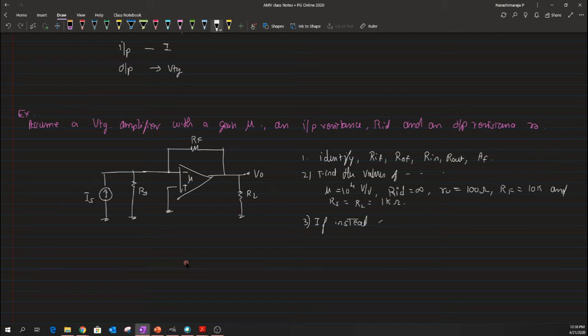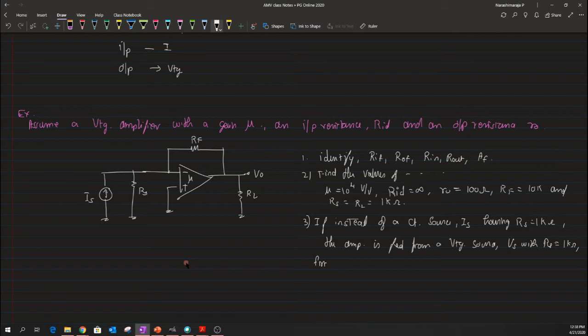So instead of a current source having Rs of 1 kilo ohm, the amplifier is fed from a voltage source Vs with again the same source resistance value of 1k.